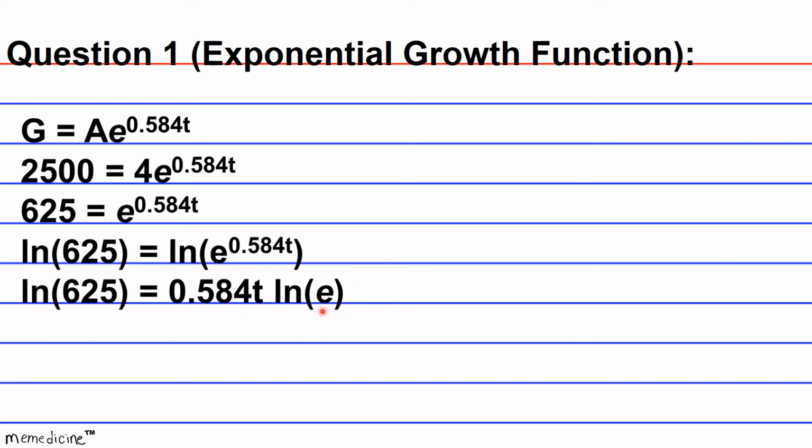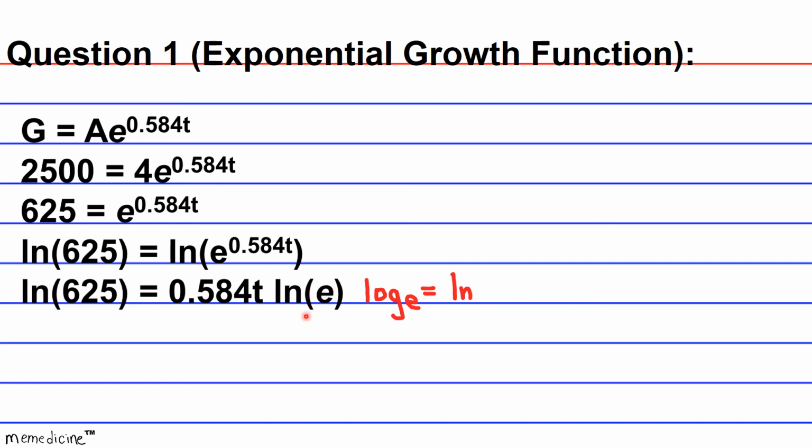We can use the property that says the natural log of e is equivalent to 1, because remember, the natural logarithm is basically the log base e, and a logarithm function is just trying to figure out what power you raise the base to get the result that's indicated.